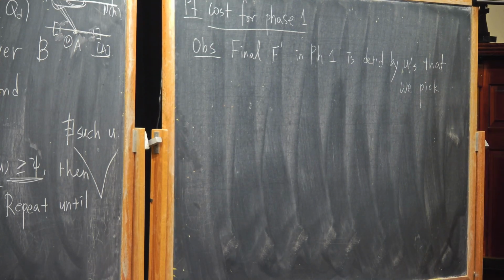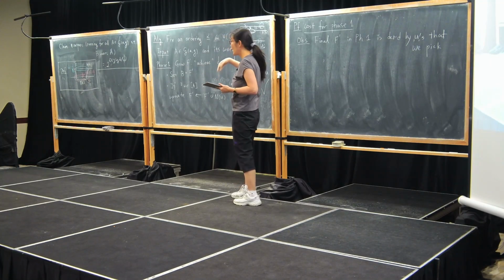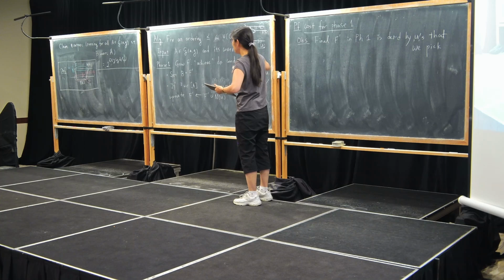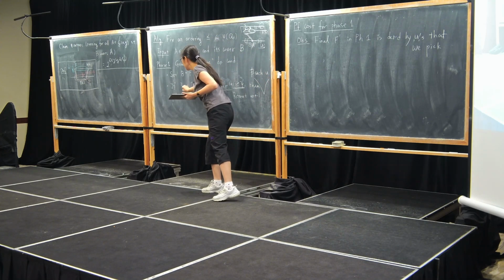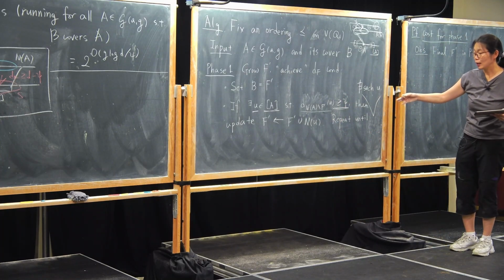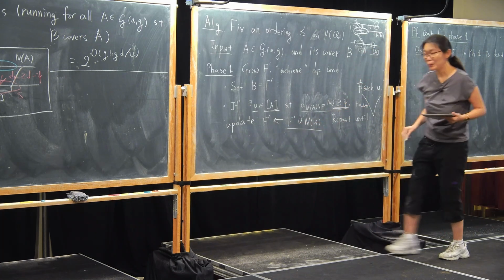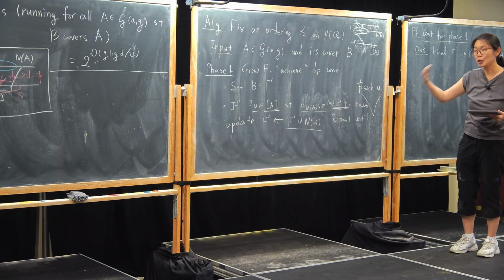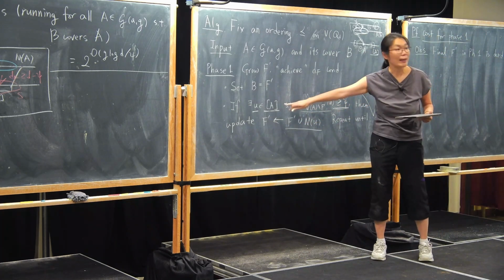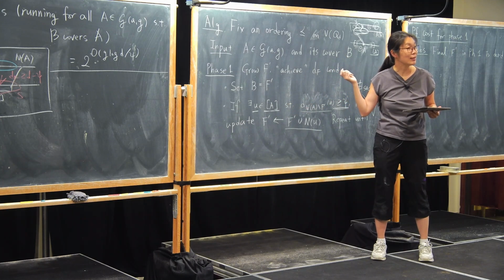Do we agree with this? In this algorithm, we start from the cover, which is given, which is our input. The way that we grow this f prime is to pick some vertex in the closure of A and add its neighborhood to f prime. So the entire f prime is determined by the vertices that we pick, because we already know the input B. Do we agree with this?